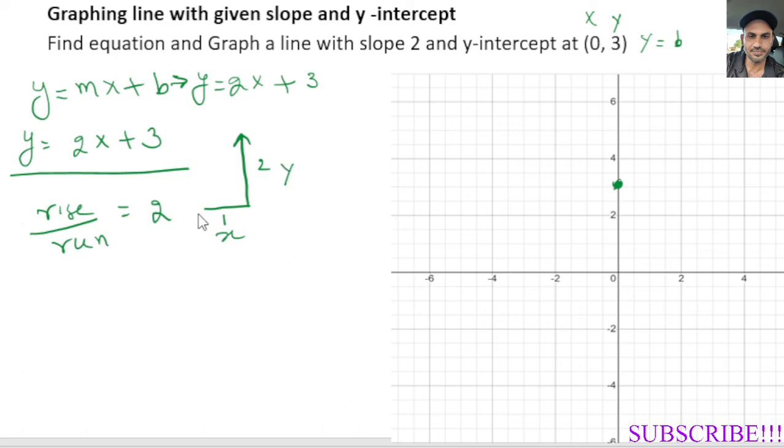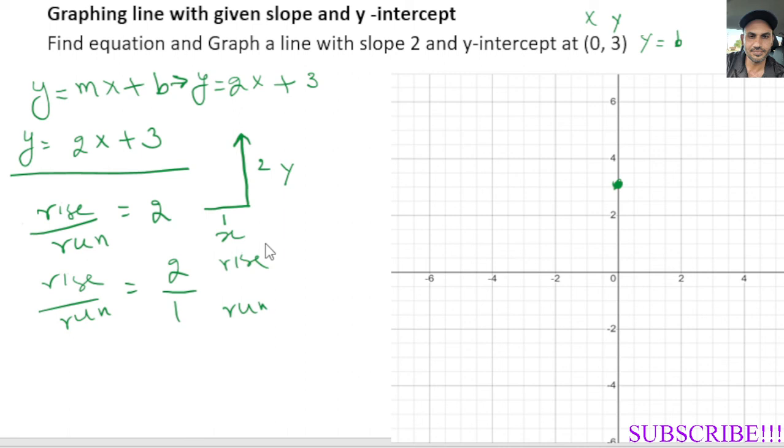So that's what a slope of 2 means. 1 unit in the x direction will give a movement of 2 units in the y direction for this line. You can also write it as rise over run equals 2 over 1, which is the same as 2. So this is a little more clear. Your rise is 2 and your run is 1. So for every 1 unit in the x direction, we get a rise of 2 units in the y direction for this line.